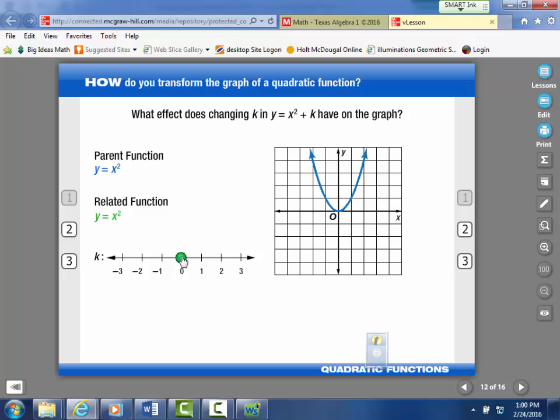What if we added 1? Okay, what happened? Not sure? All right, let's see what happens when we add 2. And then 3. All right, let's go backwards. What happens if we do negative 1?